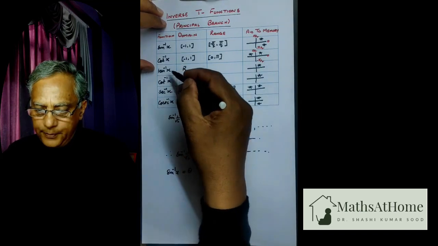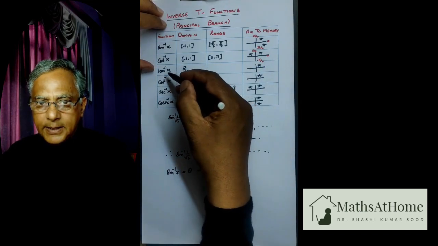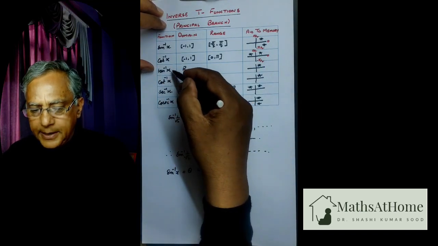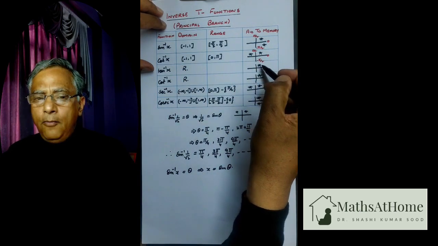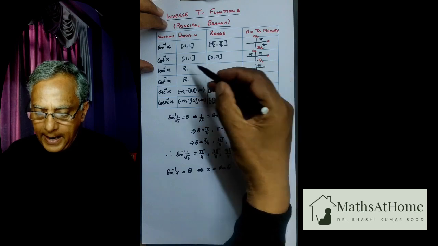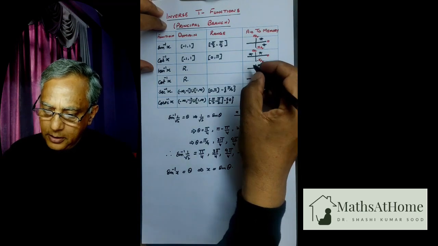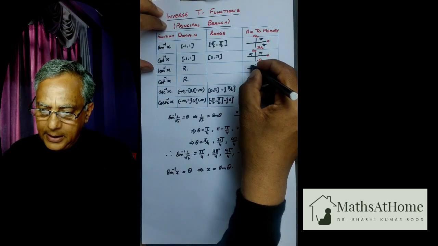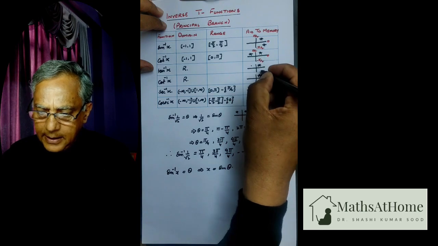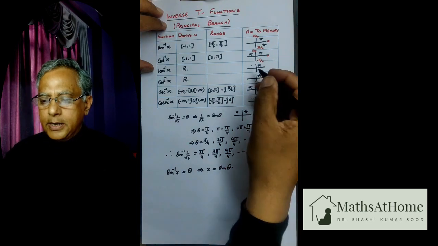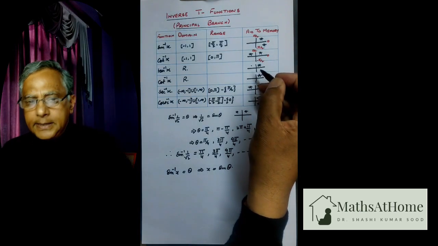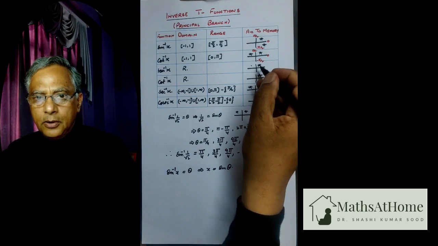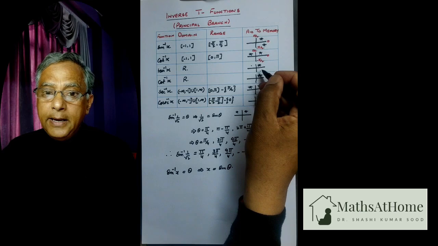Now we come to tan inverse x. If x is positive, then tangent theta will be positive, and we will take the values from the first quadrant. And if x is negative, tangent is negative in this quadrant as well as this quadrant. So which quadrant should we take?